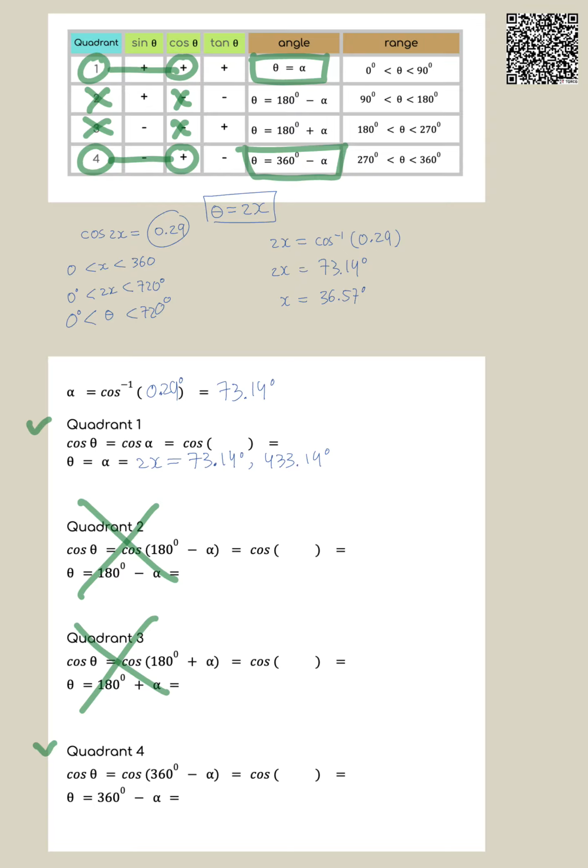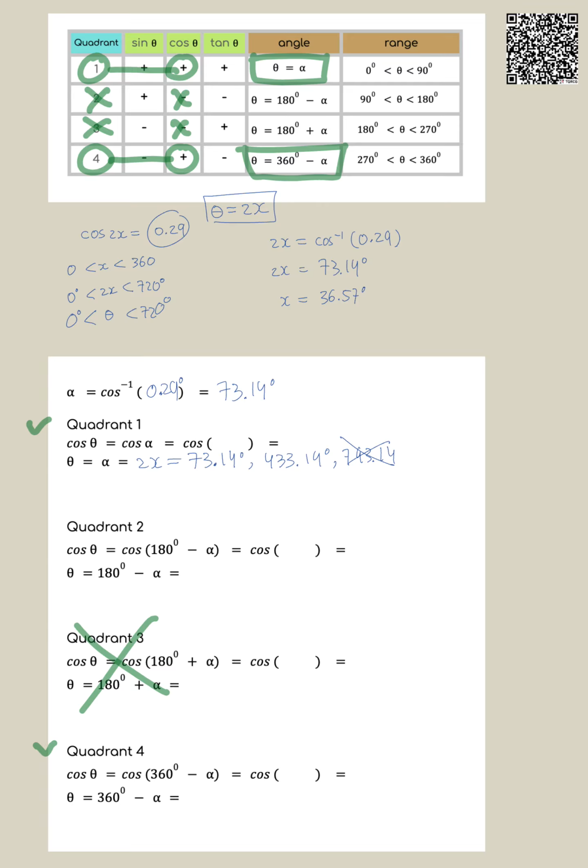Shall we add 360 again? It will be more than the range. If you add 360, you will get 793.14. Definitely wrong, so don't do that. We get only 73.14 and 433.14.